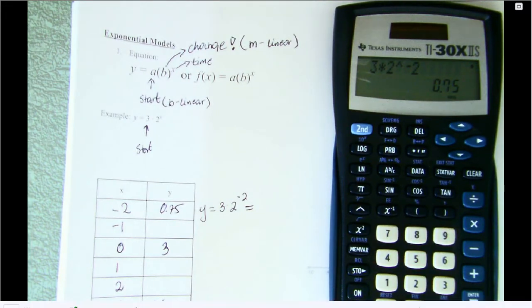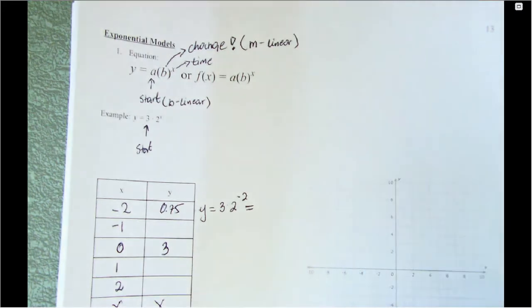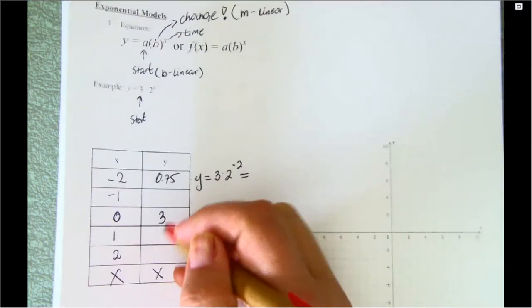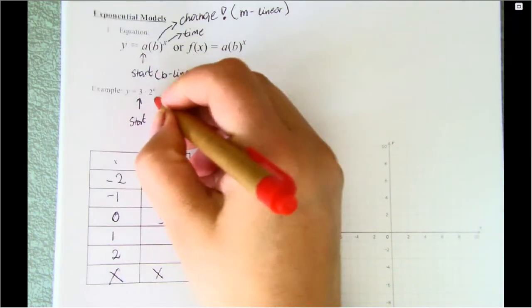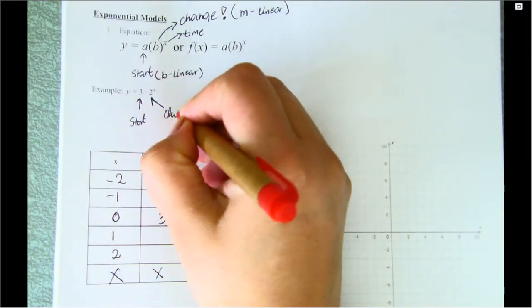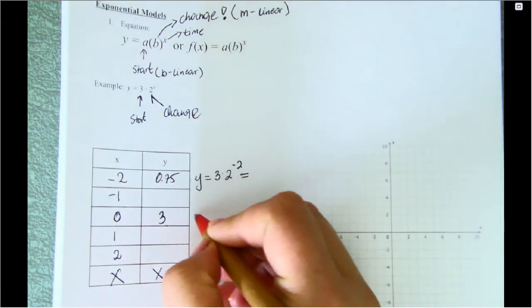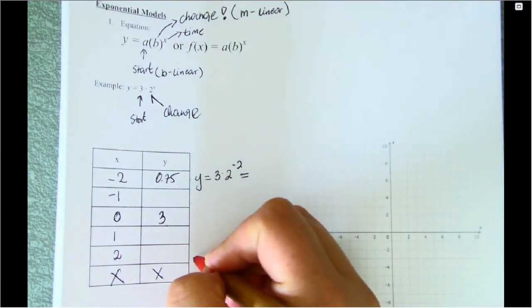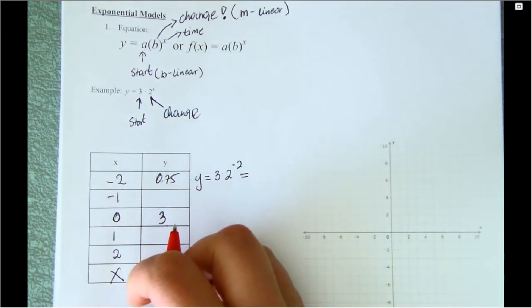That's one way of doing this, by just plugging in x, and that's how you're going to come out with y. Now, for an exponential function, there's also another way, and it's a little bit easier. So, for example, if I know the starting point is 3, and I know my change is 2, right? In a linear function, they go up by some number by adding, or subtracting if you're going down. Exponential, they go by multiplication.